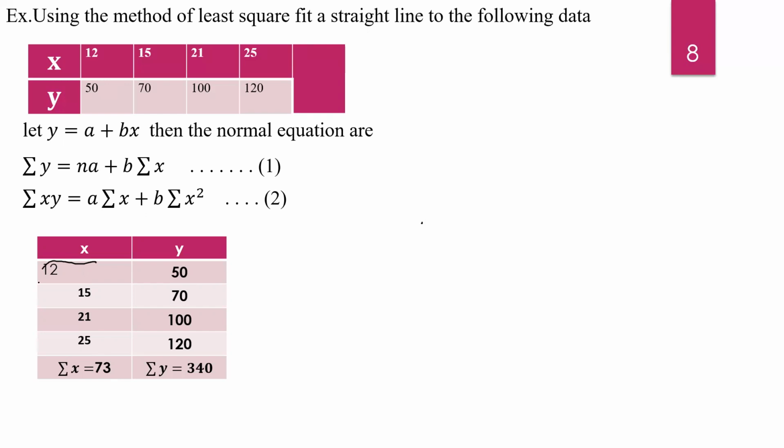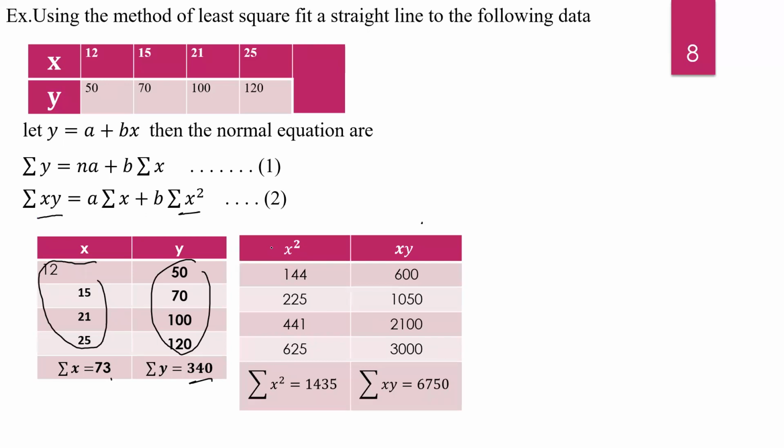Take the addition: it is 73, and for y it is 340. Now we want x square and xy, so prepare the columns. The summation of x square is 1435.